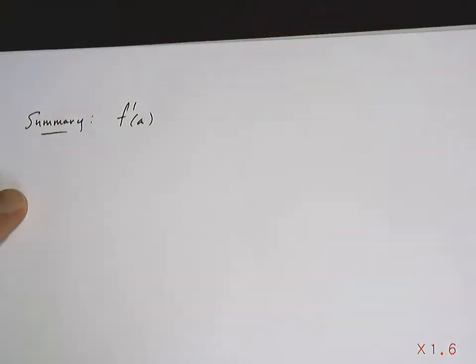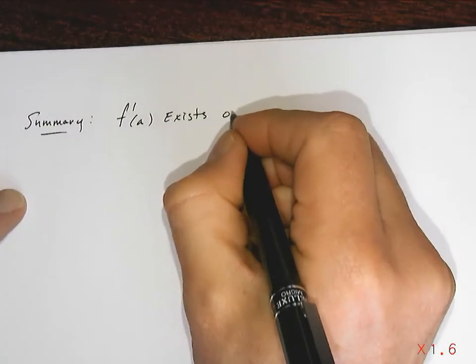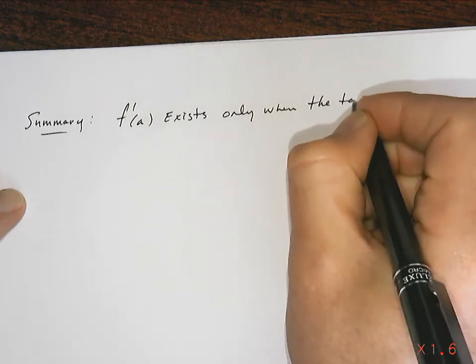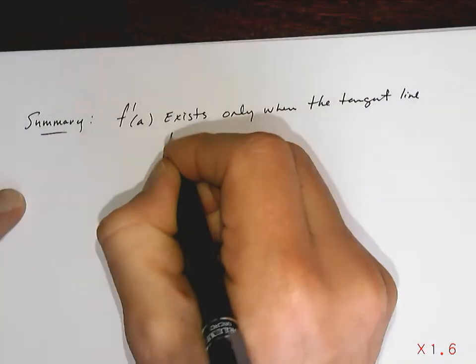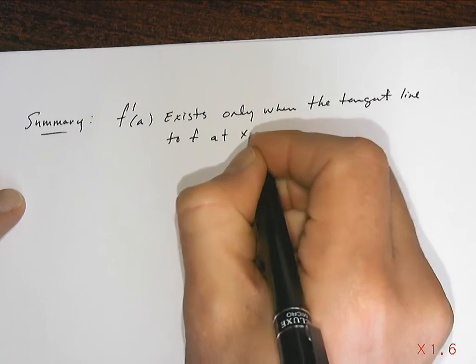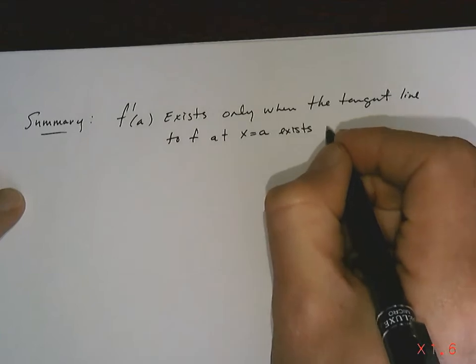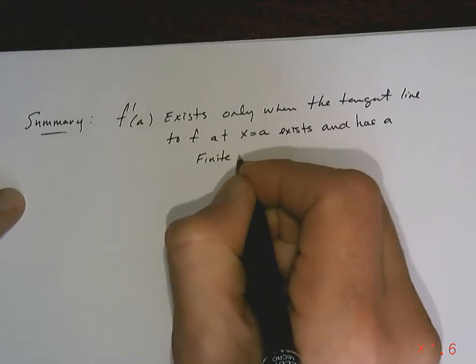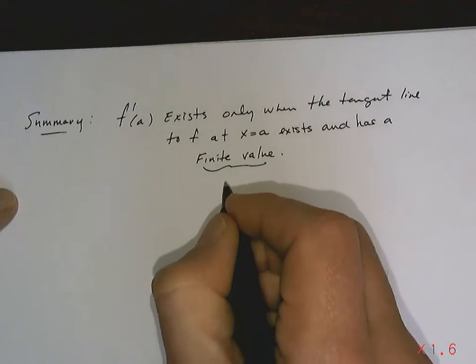The derivative of any function f at A exists only when the tangent line to f at x equals A exists and has a finite value, which means a real number value.